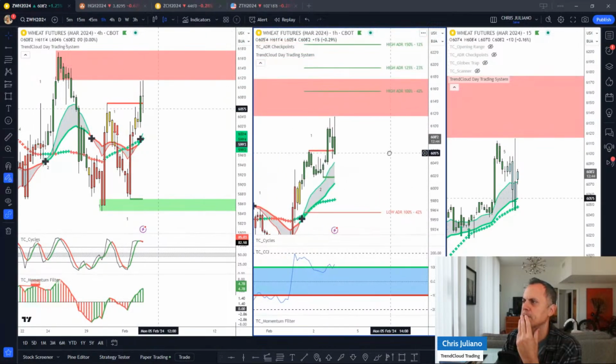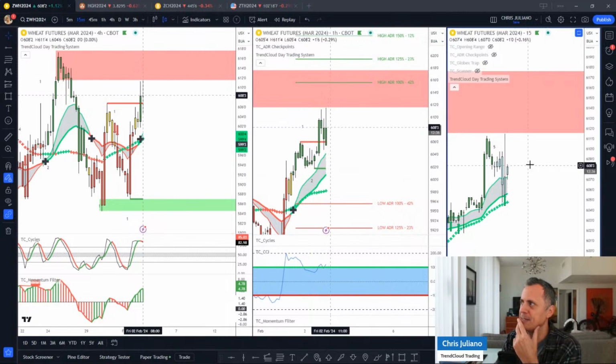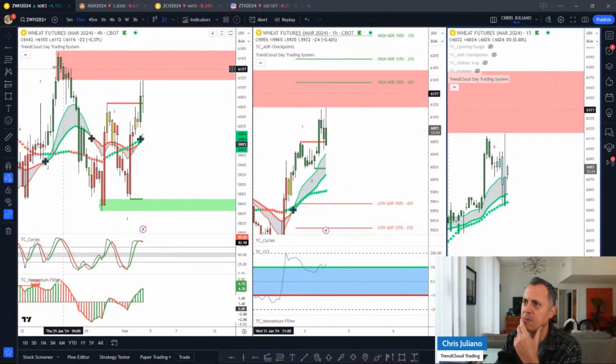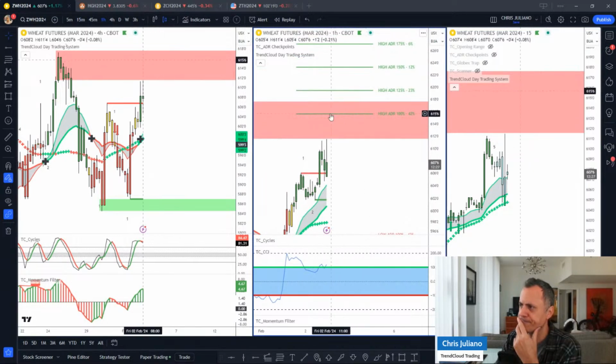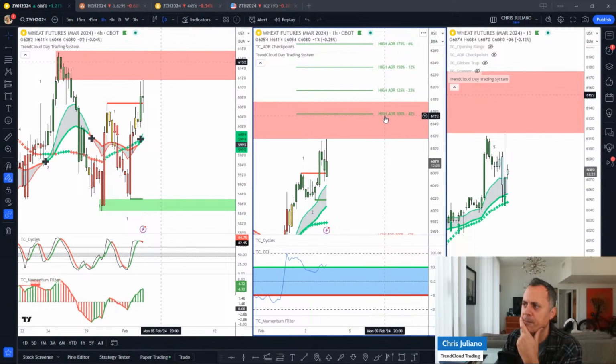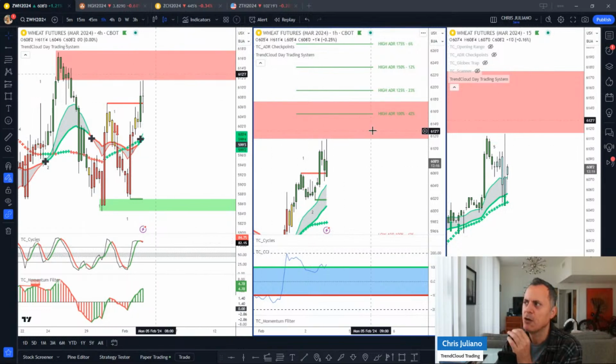So yeah. Now with wheat, we're extended. Look at how we are extended on that 15-minute chart, coming back up into this supply zone. And look what we have right here, right? We've got this ADR checkpoint, okay? But uptrend, momentum to the upside.